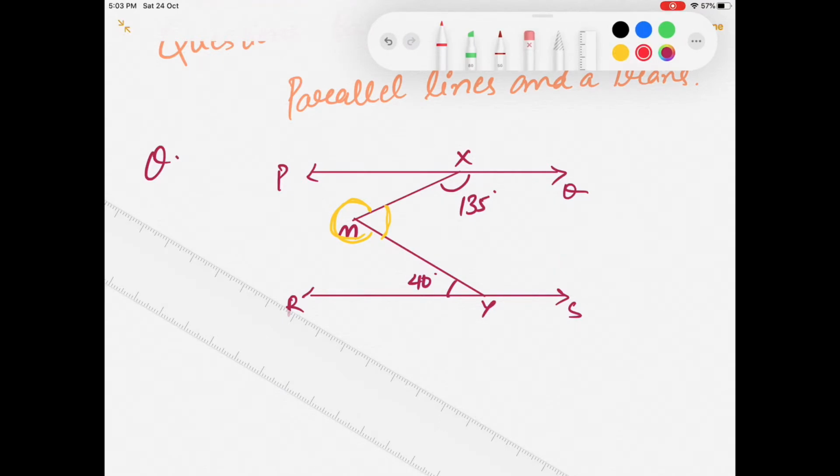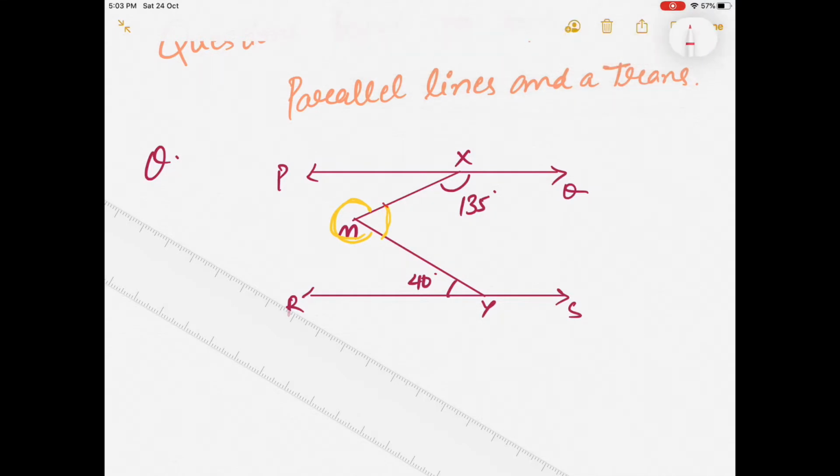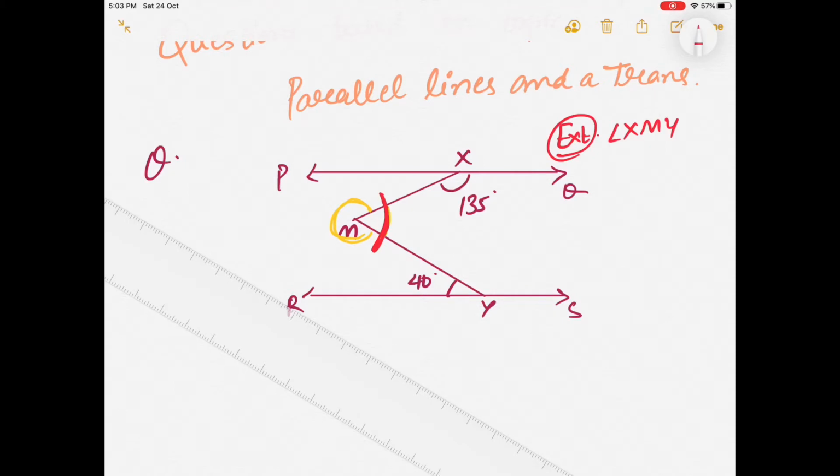People get confused about which angle we have to find in these types of questions. If the question is saying we have to find angle XMY, we have to take this angle as a whole XMY. And if the question says you have to find exterior angle XMY, the word exterior is written in the question, you have to find this yellow angle.